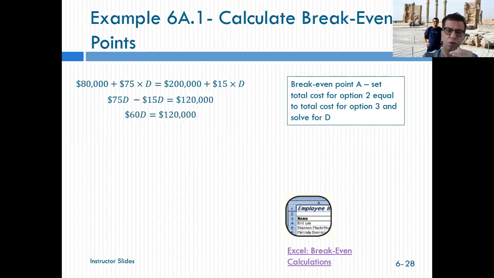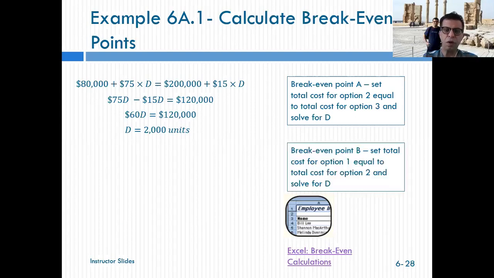And here you can see that you need to produce 2,000 units in a certain time, or this machine should produce 2,000 units in order to break even and go through option three instead of option two.